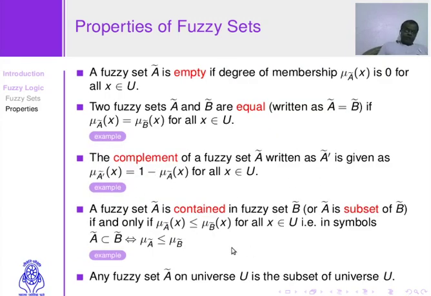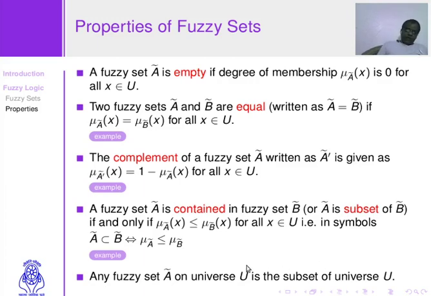Okay, so we say that if this condition is satisfied, then a particular fuzzy set is contained in another fuzzy set. And there is an important observation that any fuzzy set is always a subset of the universal set.